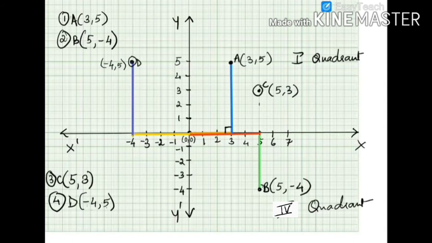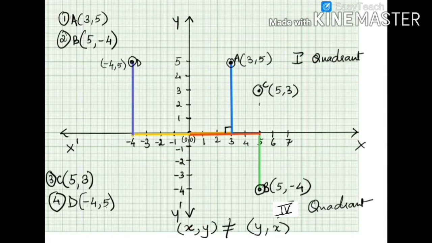So what do we notice? On reversing the order of the coordinates, the position of the points changes. So we can say that x, y is not equal to y, x. Can you say when will these two points have the same positions? Only if x and y are equal.